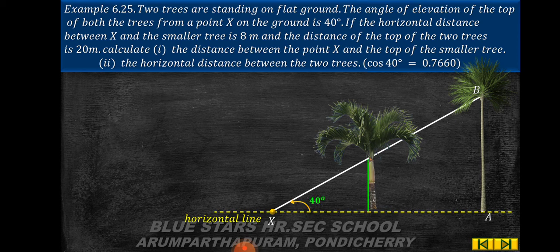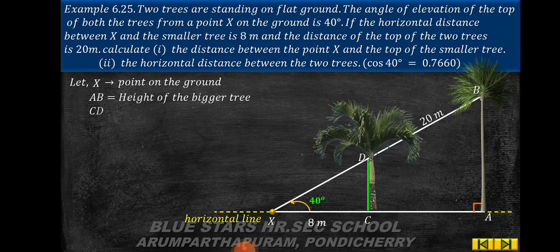That angle is 40 degree, and join the line from D to C. The distance between DB is 20 meter and XC is 8 meter. Let X be the point on the ground, AB the height of the bigger tree and CD the height of the smaller tree.